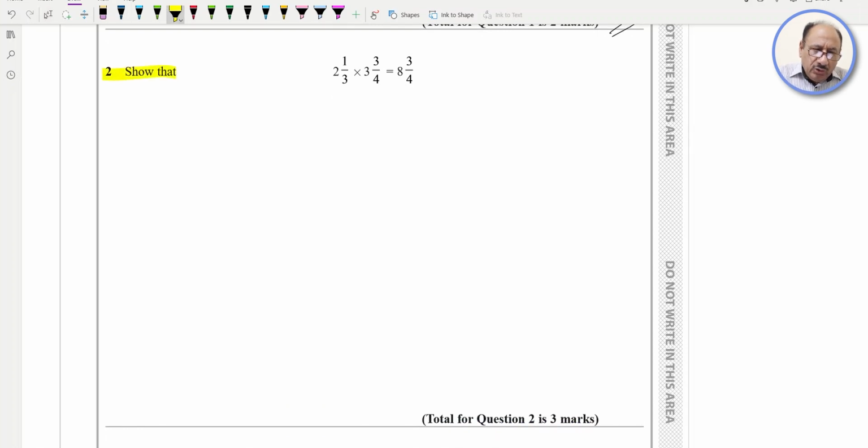Now question number 2, show that. We have to show this is equal to this, so we can take the left hand side.